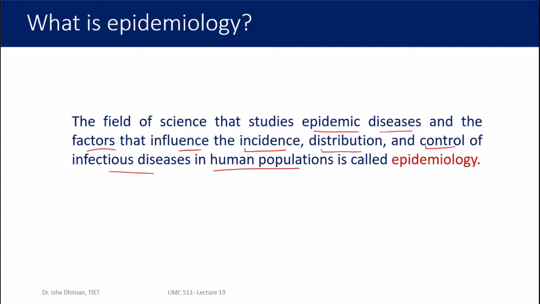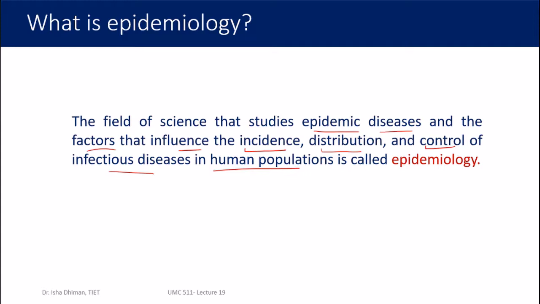The people who are trying to predict mathematically that this much will be the number of infections, this much will be the point where epidemic will die out, all that mathematics and statistics analysis is also a part of epidemiology. The people who are working to create a vaccination or find a cure or medicine for it are also in the category of epidemiologist.